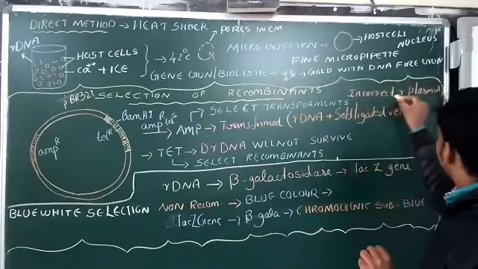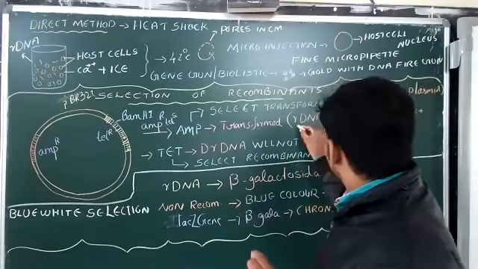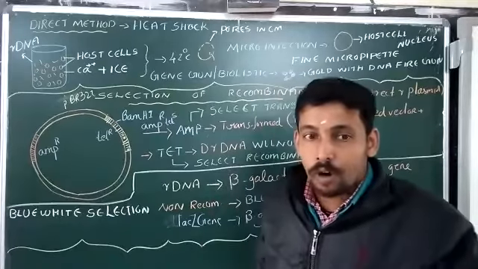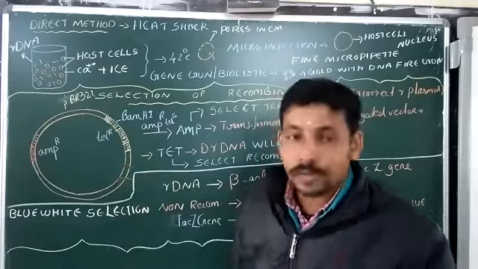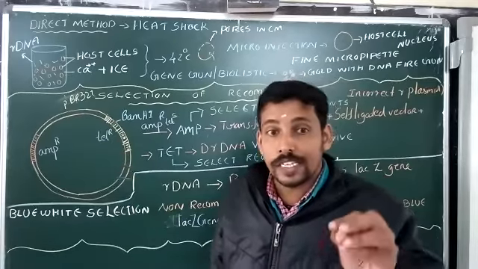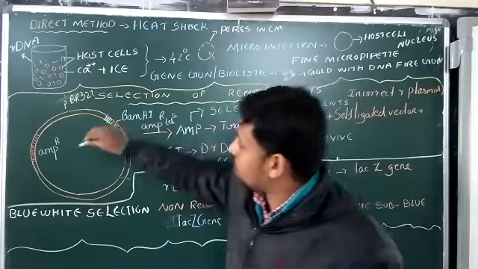Sometimes it may be incorrect recombinant plasmid. So if it is not the desired DNA, some of the undesired DNA has ligated in this site. Okay, it will become what? Recombinant, but it is not the desired gene. Okay, so that will also have what?